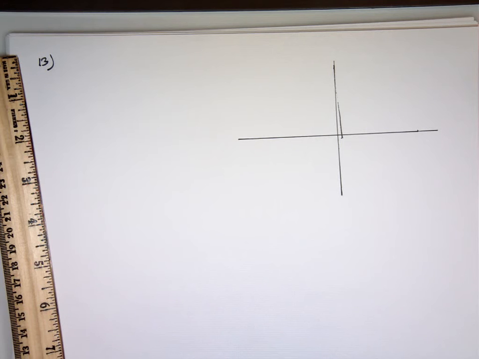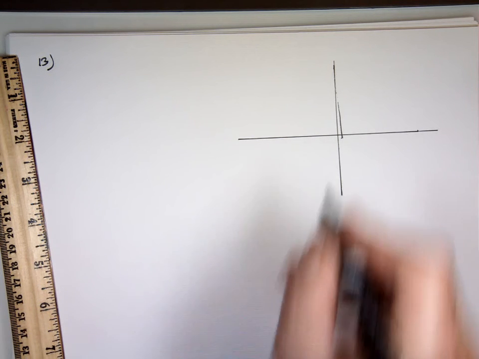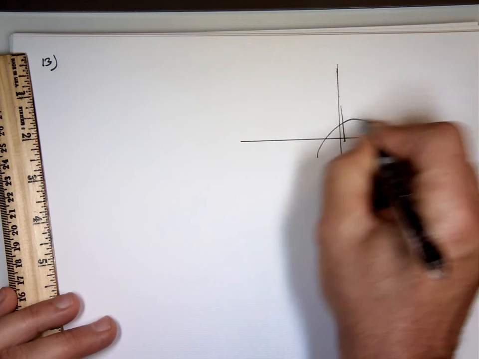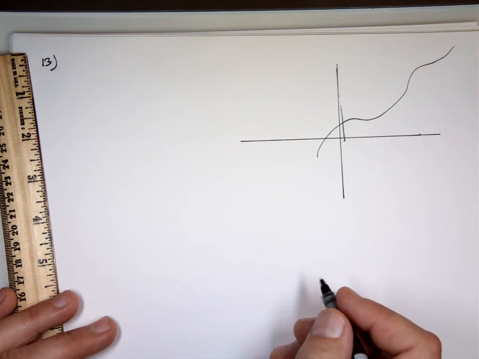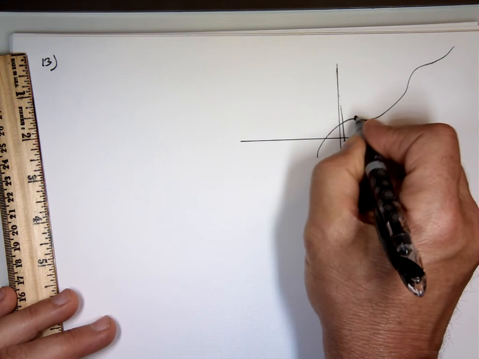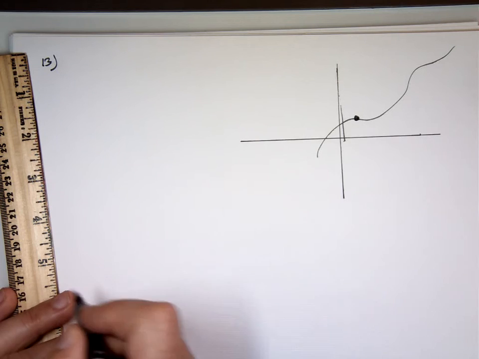So we have some graph y equals g of x. Let's say the graph, I don't know, I'm just doing something like this. And this is 1 and 4.